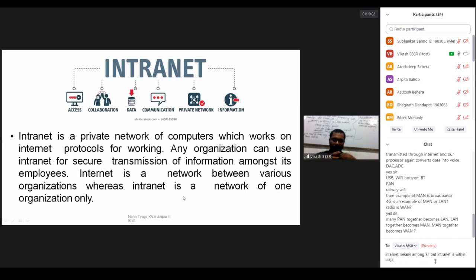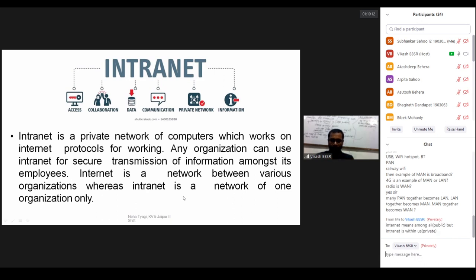What is intranet? Most of the time the question asked is the difference between internet and intranet. So go through it, read carefully, analyze and tell me.